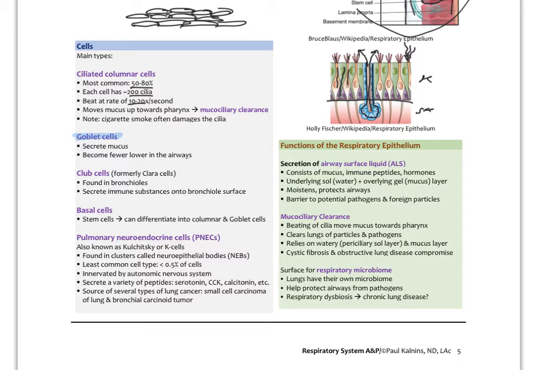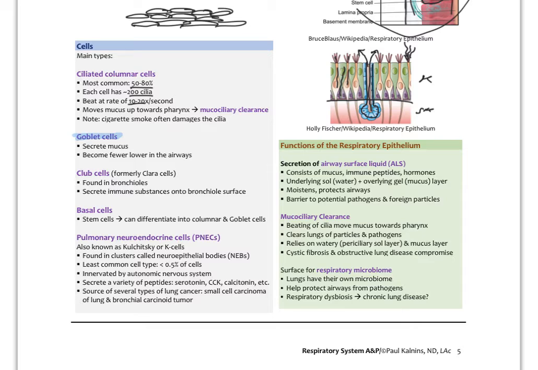So the GI and the respiratory system have the same origin embryologically, and that's why we see a lot of overlap. We see a lot of goblet cells in the intestines as well as the respiratory epithelium. And we actually see that in terms of herbal therapies, there's a lot of crossover between herbs that treat the intestines, and they also treat the respiratory system.